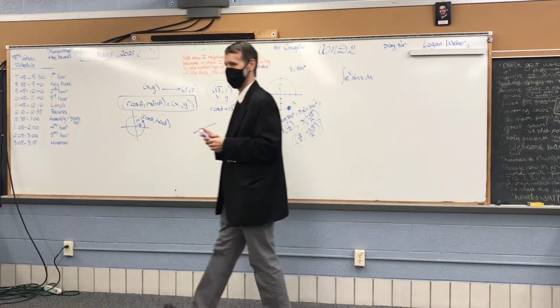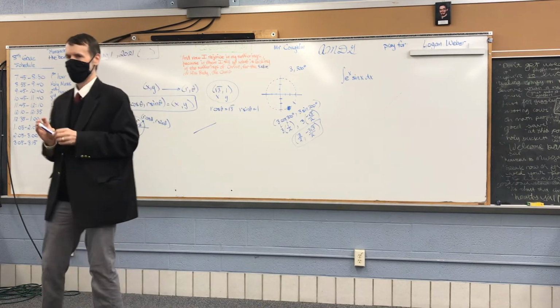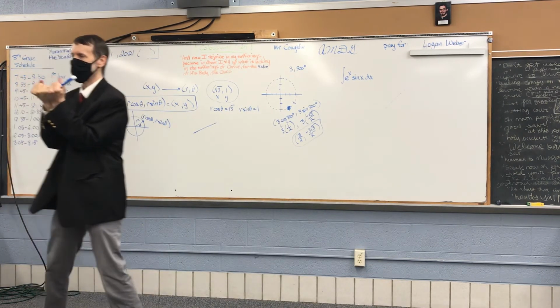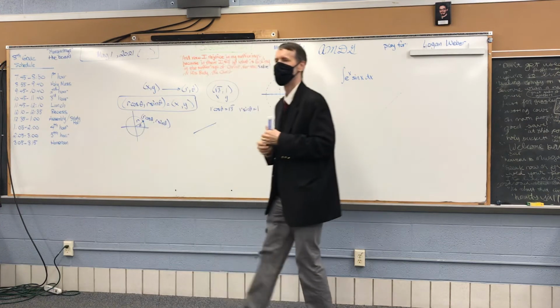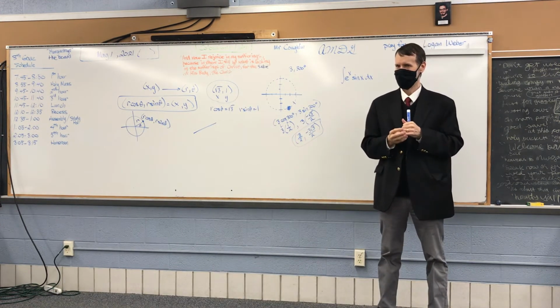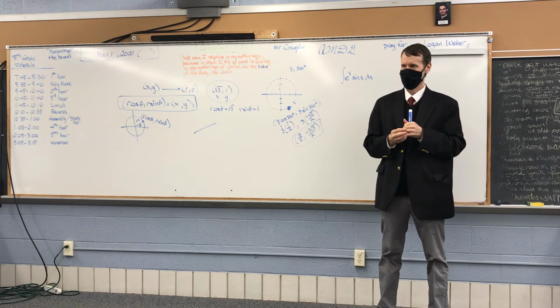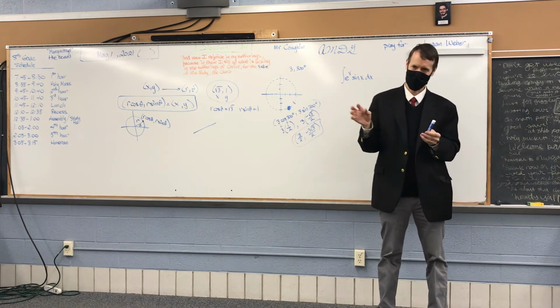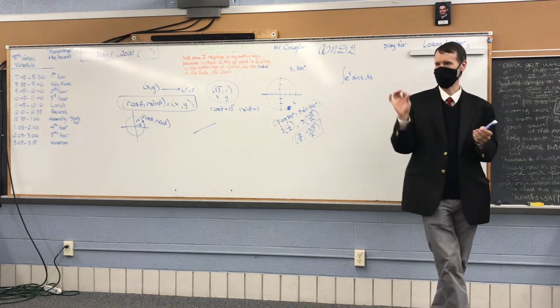There's one other tool in our tool belt. If you have a product of two dissimilar functions, what do you use? There's only one other formula I've ever given you where it has a product of two things for an integral.